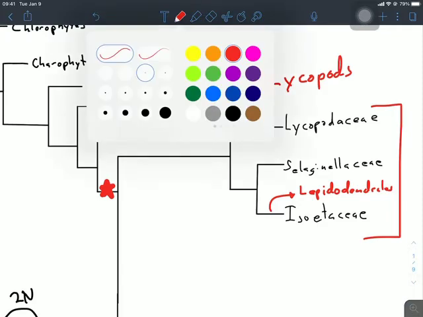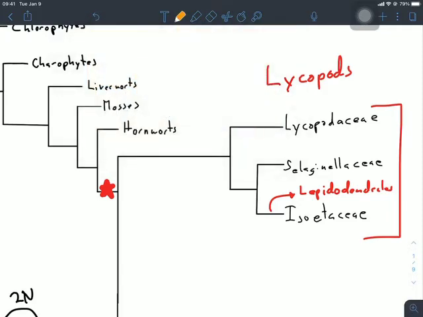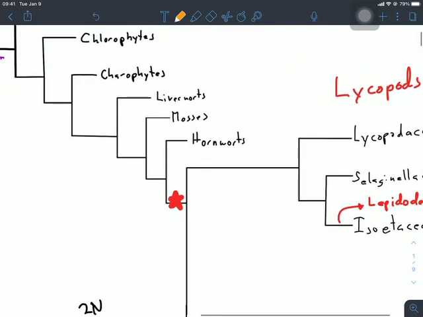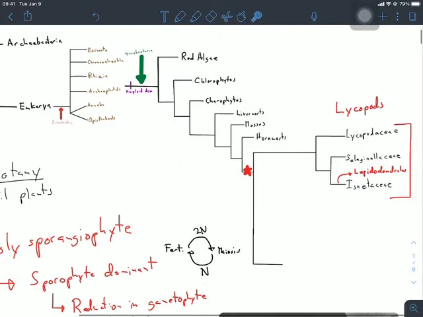So let's get it out of the way first and talk about some of these evolutionary changes that you can expect to see in transitioning from our bryophytes to our vascular land plants.